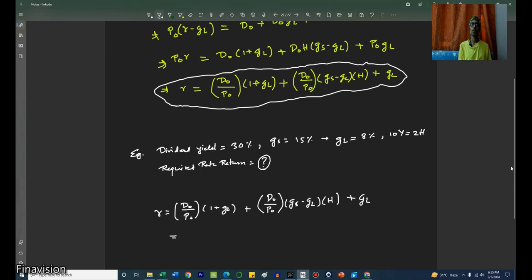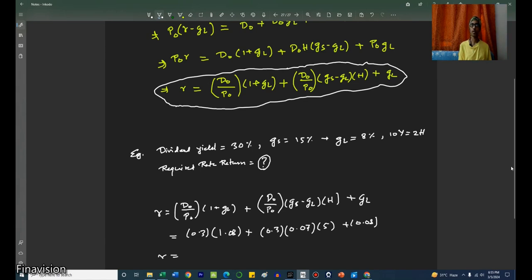This is equal to 0.3 into 1.08 plus 0.3 into 0.07 into H. 2H was equal to 10 years, so H is equal to 5 years, plus 0.08.